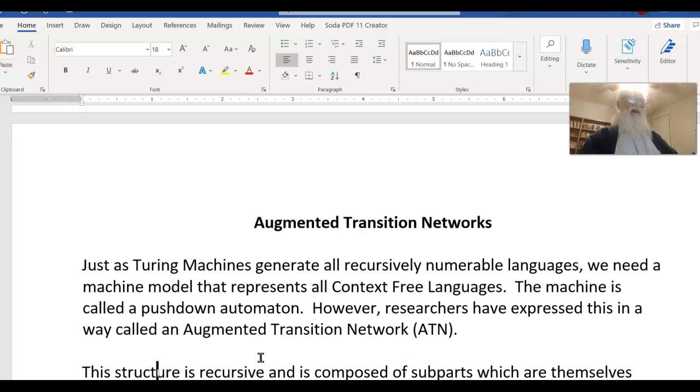We need a machine model for the context-free languages. The machine is called a push-down automata. Now, I've sort of done a push-down automata, but the way a lot of people do this is they model it as an augmented transition network. So that's the way I'm going to go at it here.